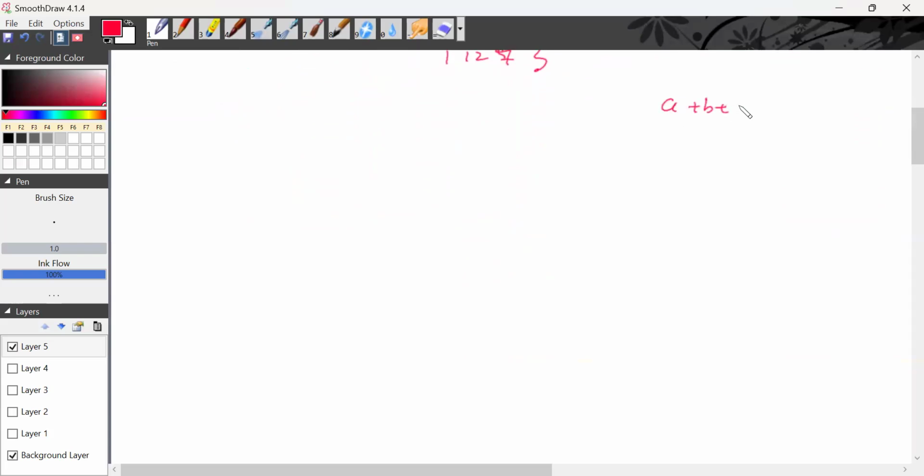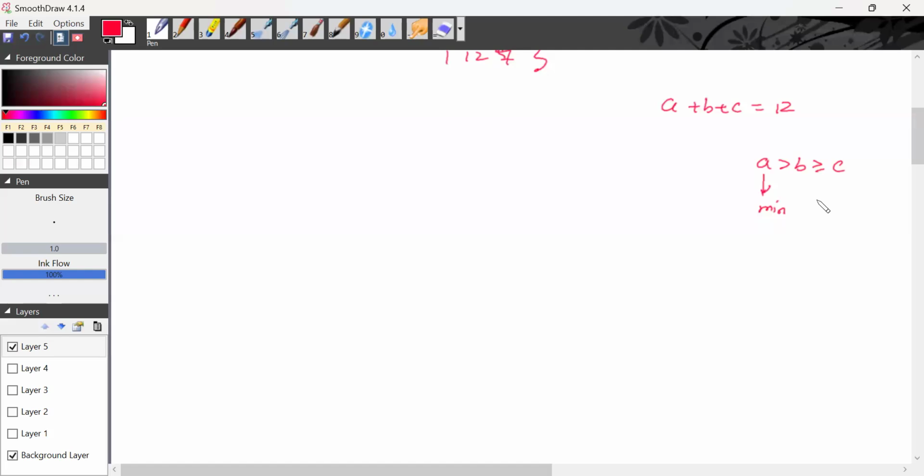A plus B plus C, say this is equal to 12. A is greater than B, B is greater than or equal to C, right? We have to find the minimum value of A. हाँ, नॉन नेगेटिव है.